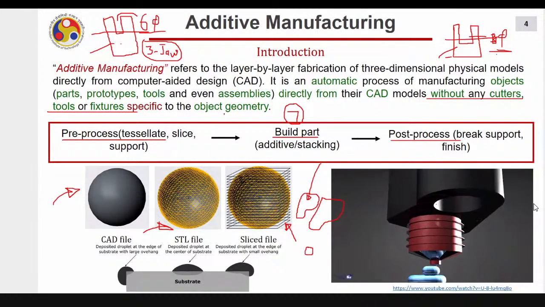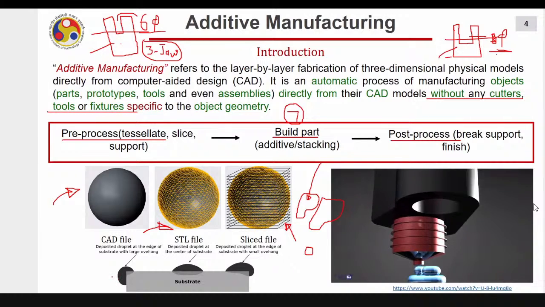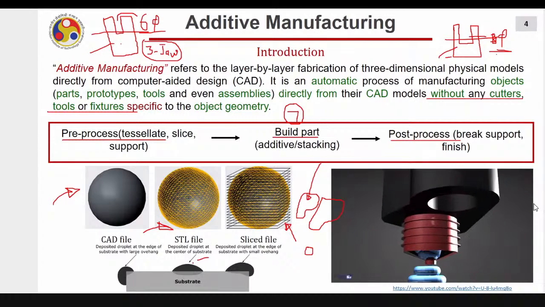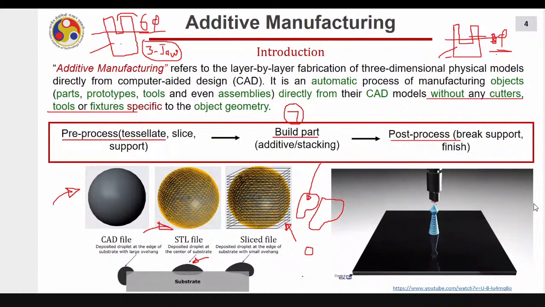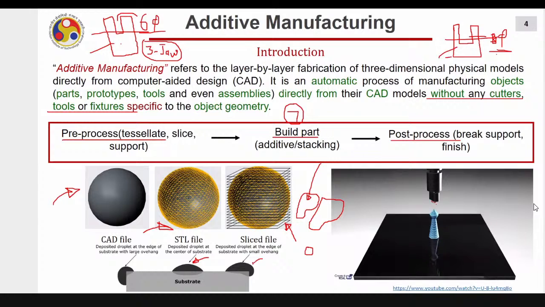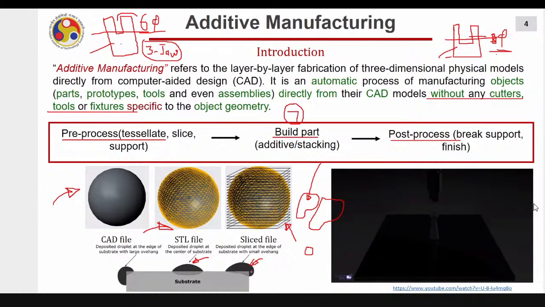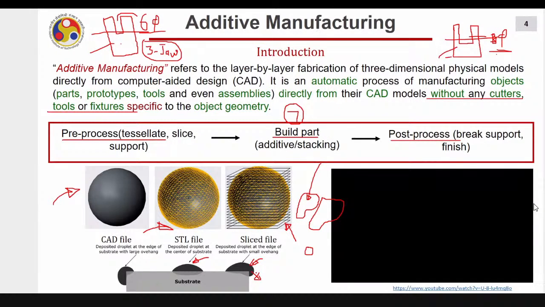Yes, of course, in many additive manufacturing processes, you need a support mechanism. If you are adding material at the center of the part, no issues. If you are adding the material on the edge of the part, due to surface tension, it may sustain, but not really to a very large extent. If it is larger than that, the droplet will fall down like this. Hence, you require a support mechanism over here. Later on, it has to be removed.